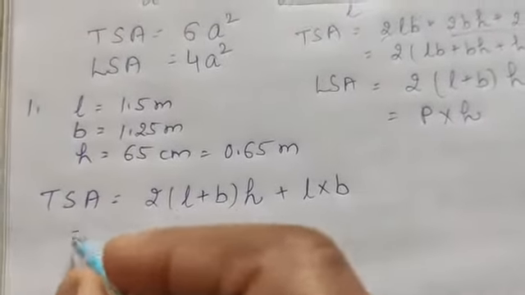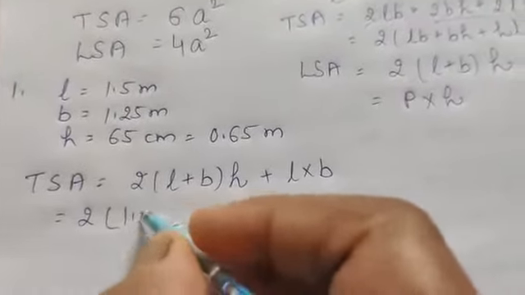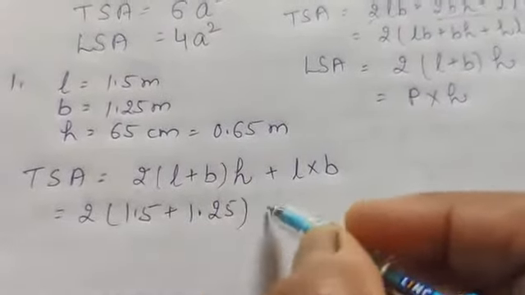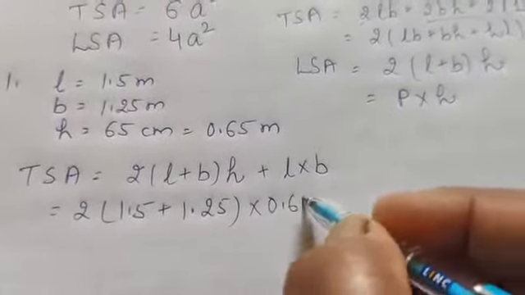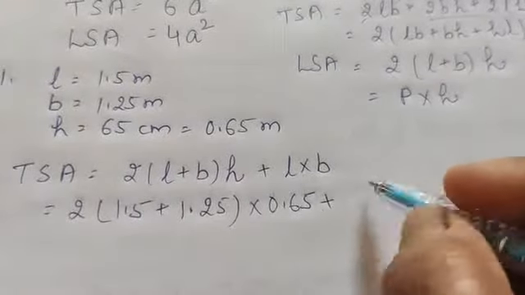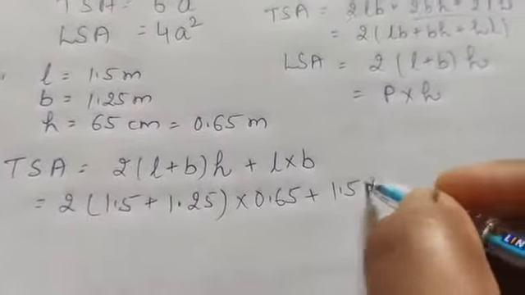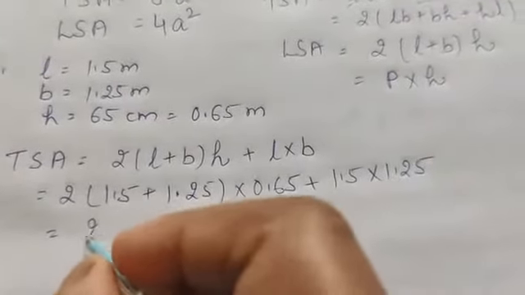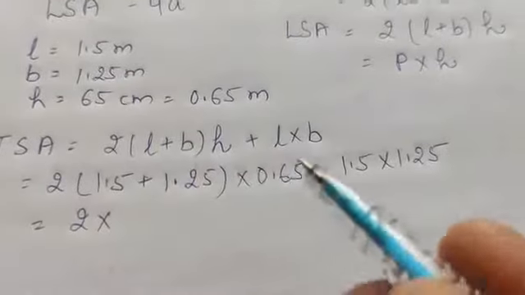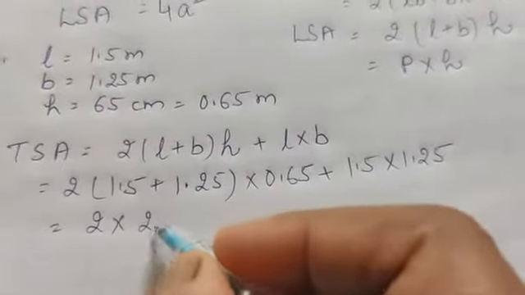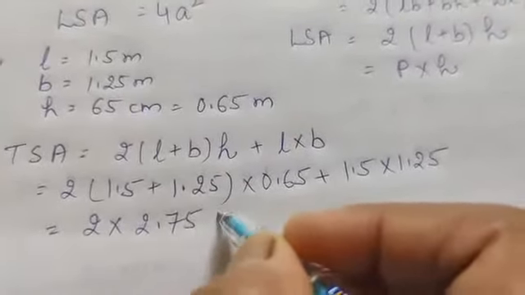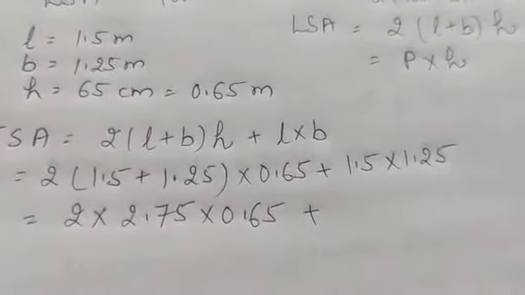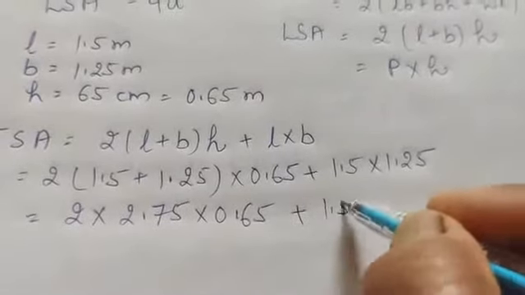Now put the values. 2 times (L plus B), 1.5 plus 1.25, into H which is 0.65, plus L into B, which is 1.5 into 1.25. Now multiply and solve. 2 times the sum of 1.5 and 1.25 is 2.75, and multiply this 1.5 into 1.25.